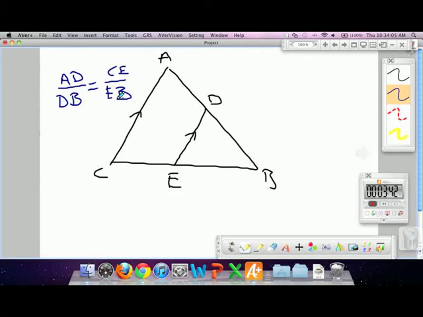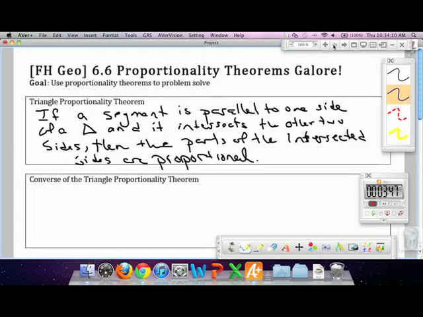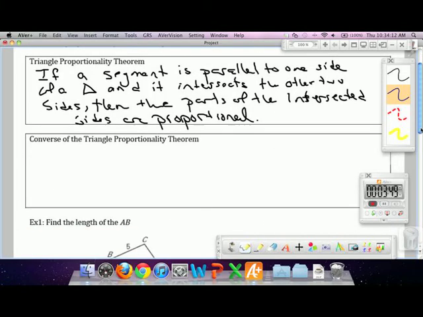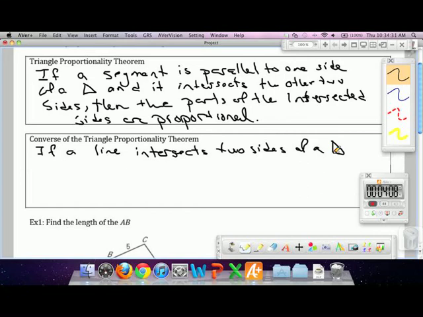The converse of this is also true. If we go in the reverse direction, so if a line intersects two sides of a triangle, such that the parts are proportional.